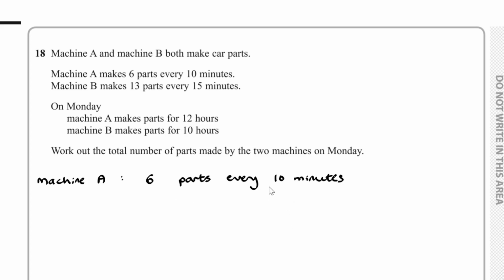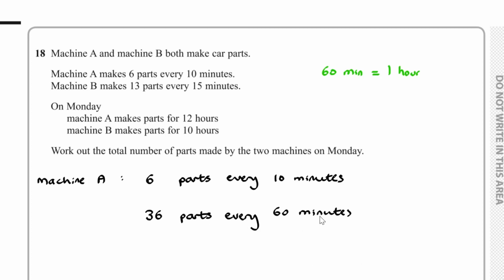So, recognizing that we have 60 minutes, which is equal to 1 hour, I can find out how many parts are made in 60 minutes by multiplying by 6. So 6 times 6, that's 36. So here we have 36 parts every 60 minutes.